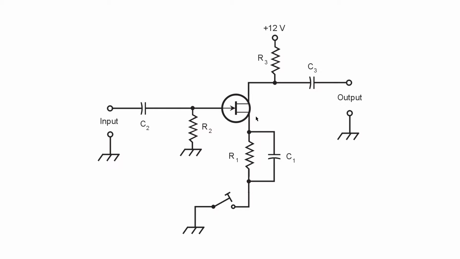Source keying. I've shown you now in previous videos cathode keying in the old-fashioned vacuum tube sense, emitter keying in the case of a bipolar transistor circuit, and now source keying.